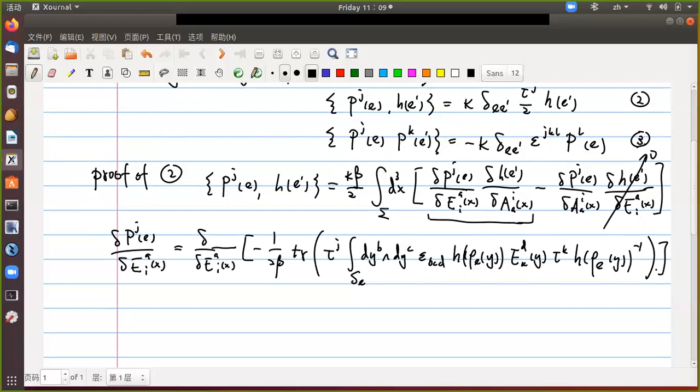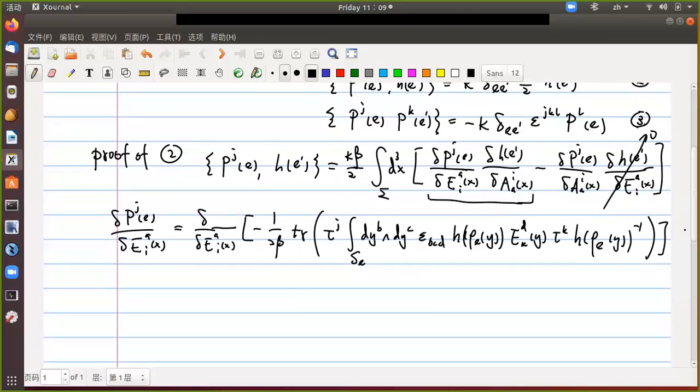I did nothing here, I just copied the formula of flux into this derivative. Then you can see that the flux is linear in E, so you only need this derivative to act on E. It doesn't really act on the holonomy.